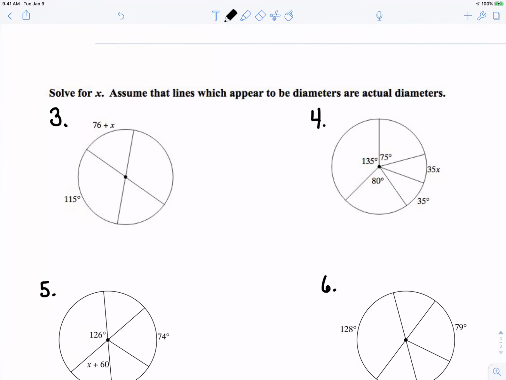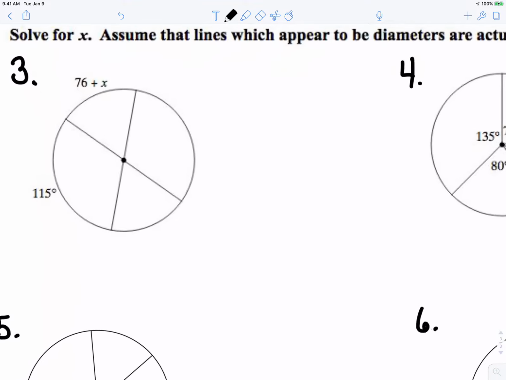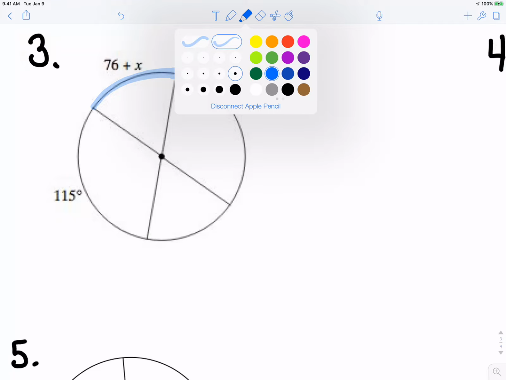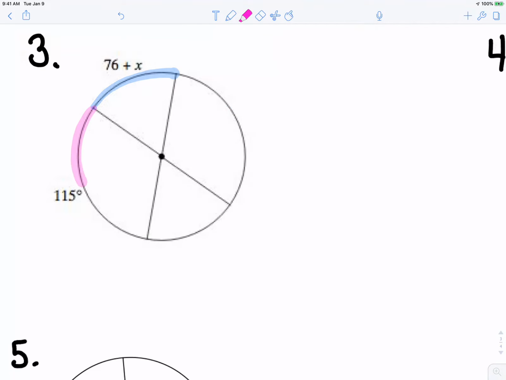All right, so assume that things that look like diameters are diameters. So number 3, we have a measure for this arc here. It's 76 plus x. And then we have a measure for this arc right here. It is 115.